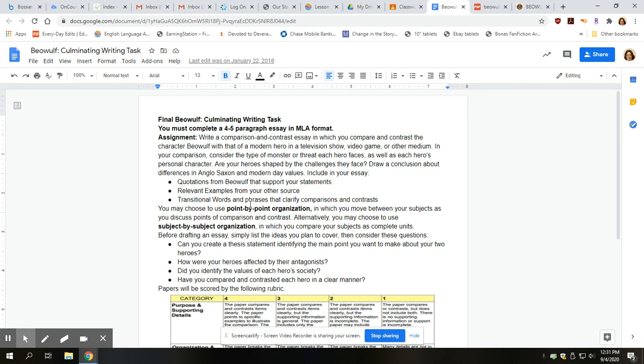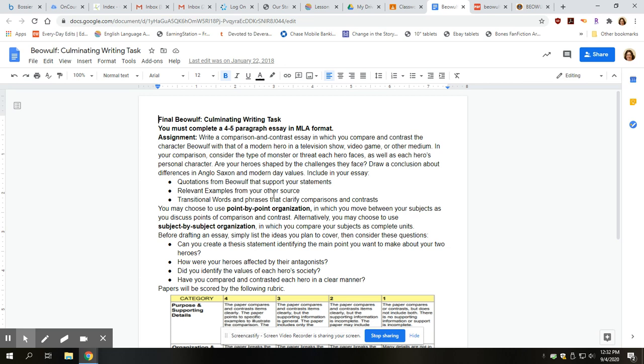Okay, so this is what I want you to include in your essay. You need to include quotes from Beowulf, okay, that support what you're saying. You need to include examples from your other source. If your other source comes from a movie or a television show, give specific examples. You could say, when Superman fought Batman in the movie, there was a misunderstanding between them.